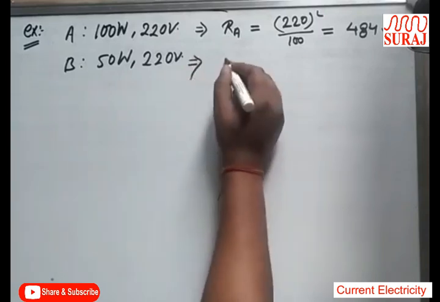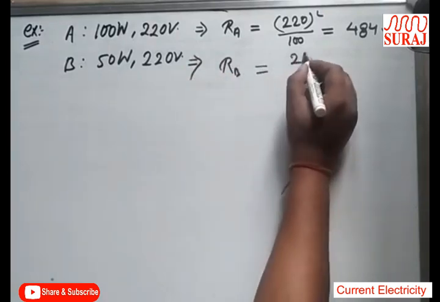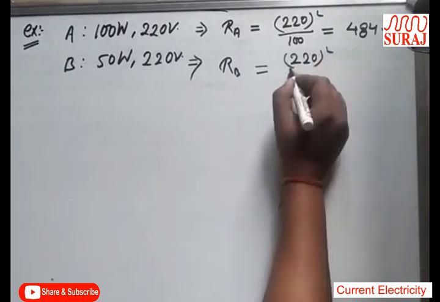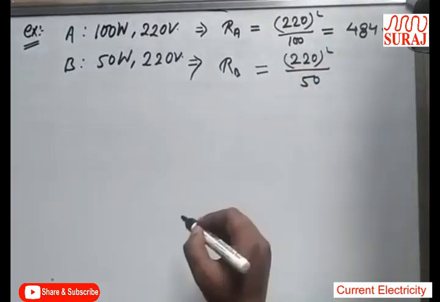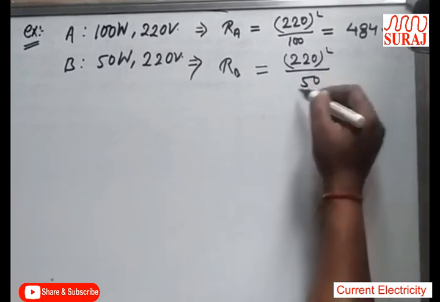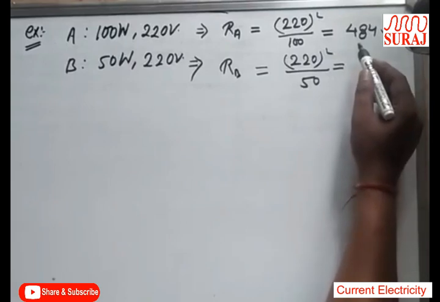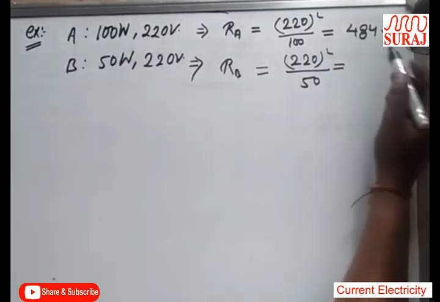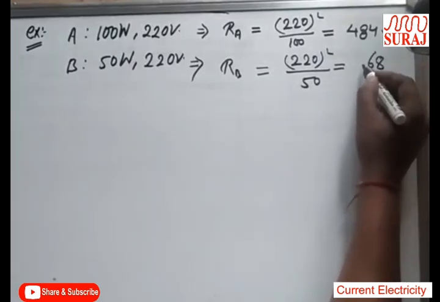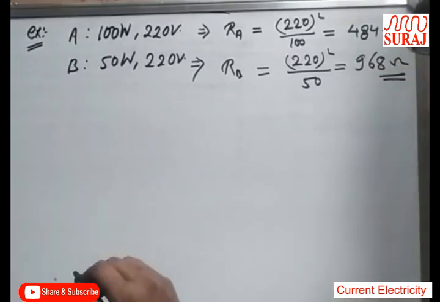And for the second bulb, the resistance will be 220 squared divided by 50. When we solve this, the calculation gives 968 ohm.